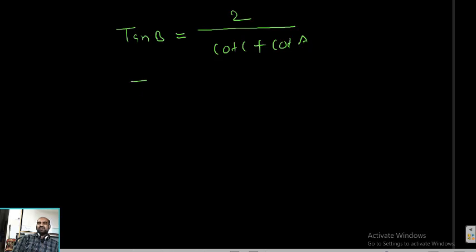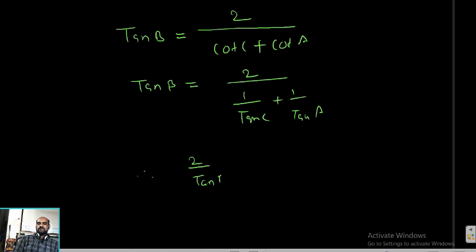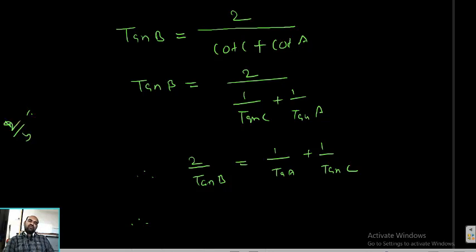or tan B equal to 2 by (1 by tan C plus 1 by tan A), or 2 by tan B equal to 1 by tan A plus 1 by tan C. We know that if 2 by B equal to 1 by A plus 1 by C, then A, B, C are in HP only, harmonic progression, that is the condition.